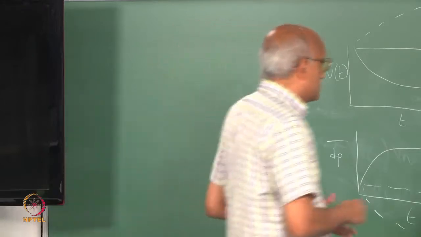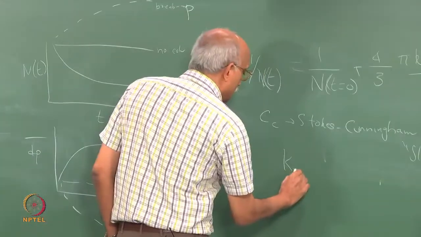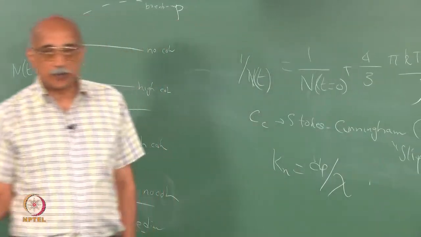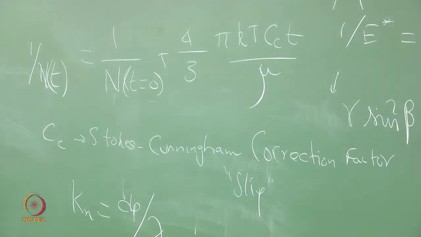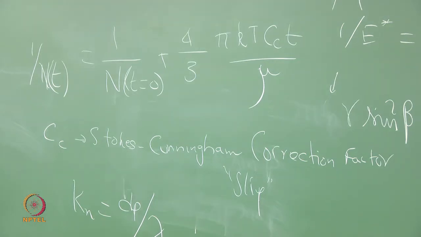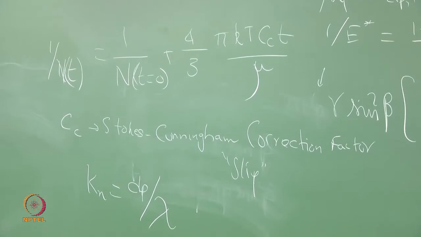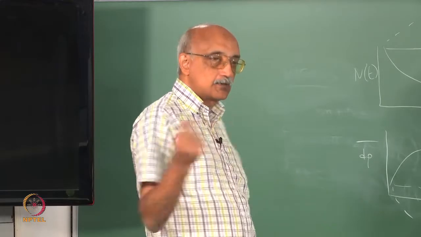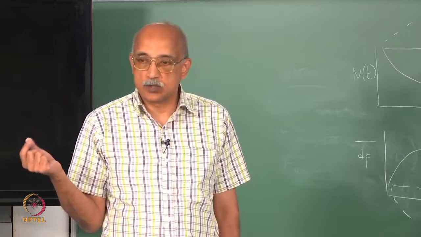So the Knudsen number is dp over lambda, where lambda is the mean free path and dp is the particle size. If the Knudsen number is much smaller than 1, in other words the particle size is much smaller than the typical distance of separation between two adjacent molecules, that is called the free molecular regime.